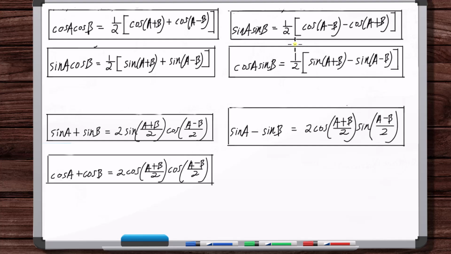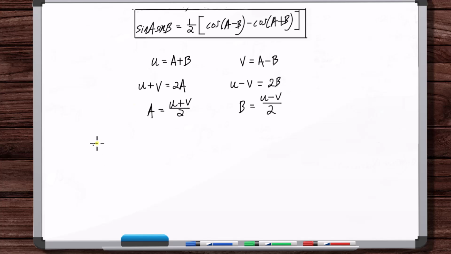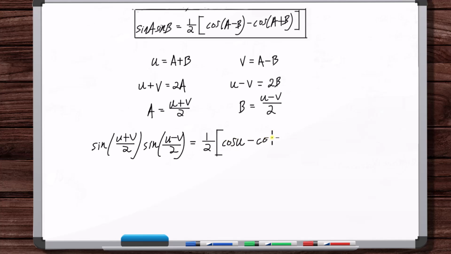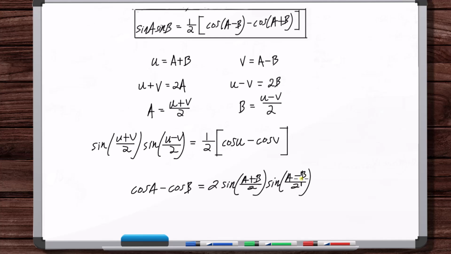Okay, now let's do sine of A times sine of B. Okay, so sine of U plus V divided by 2, sine of U minus V divided by 2, cosine of U minus cosine of V. So, okay, we've got cosine of A minus cosine of B is equal to 2 times sine of A plus B divided by 2 times sine of A minus B divided by 2.